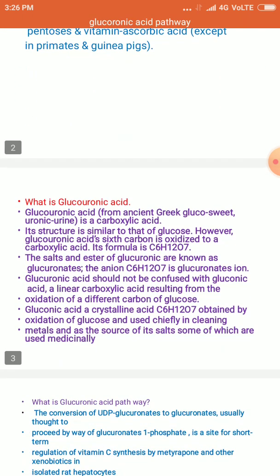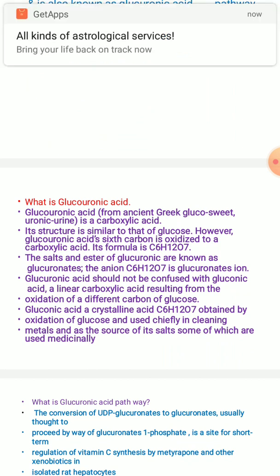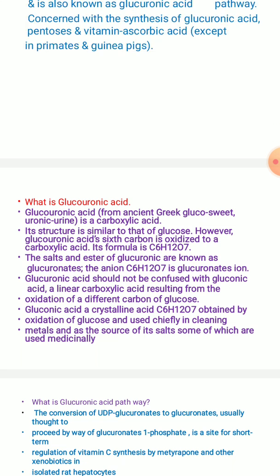First of all, the question that comes to our mind is, what is glucuronic acid? The name is obtained from the ancient Greek words: gluco means sweet, whereas uronic means urine, and it is a carboxylic acid, right?